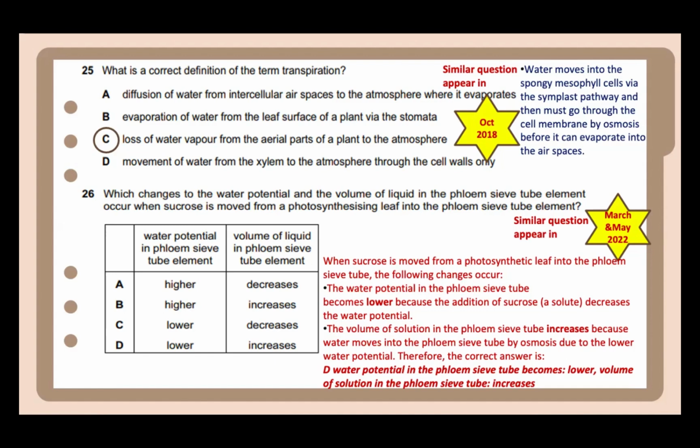The water potential in the phloem sieve tube becomes lower because the addition of sucrose, a solute, decreases the water potential, and the volume of solution in the phloem sieve tube increases because water moves into the phloem sieve tube by osmosis due to the lower water potential. Therefore, the correct answer is water potential in the phloem sieve tube becomes lower and the volume of solution in the phloem sieve tube increases.